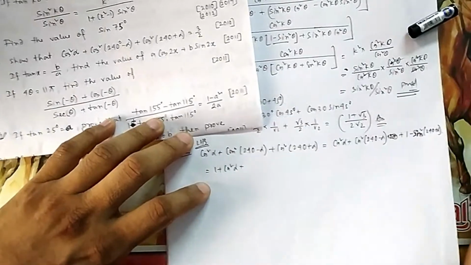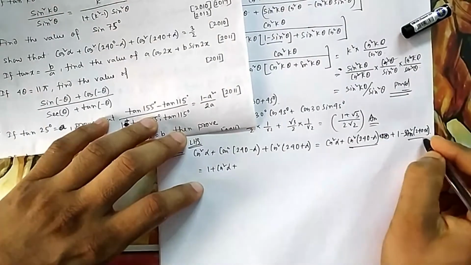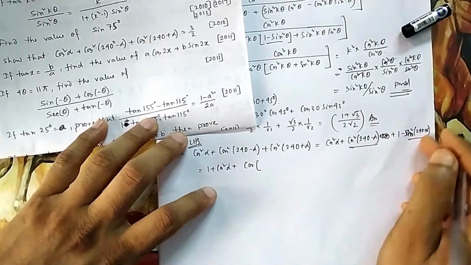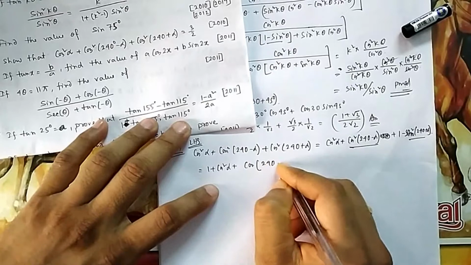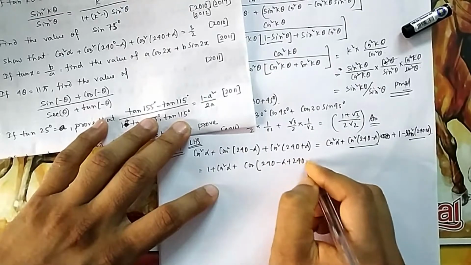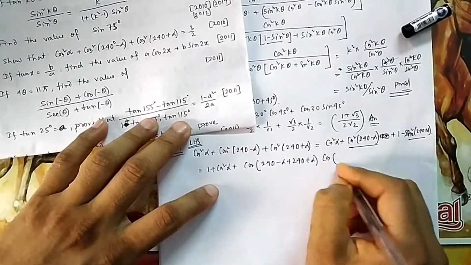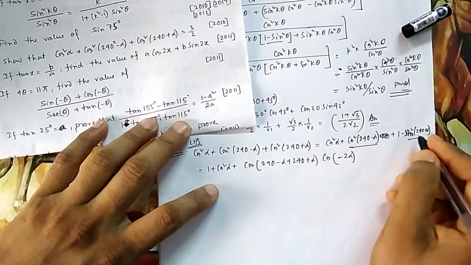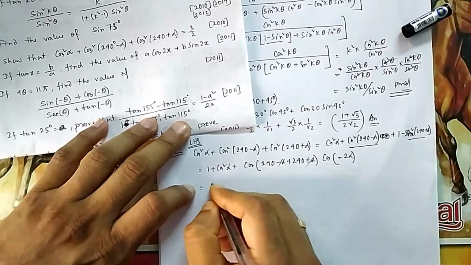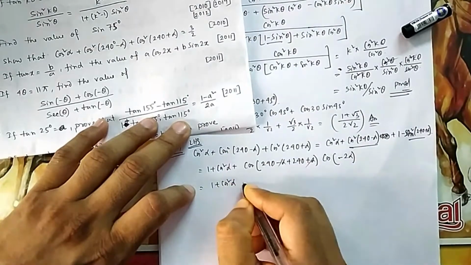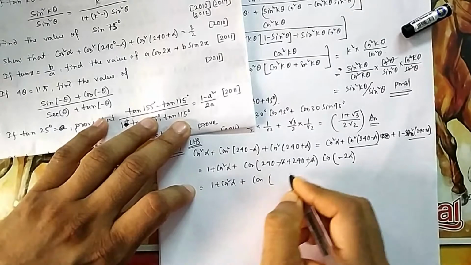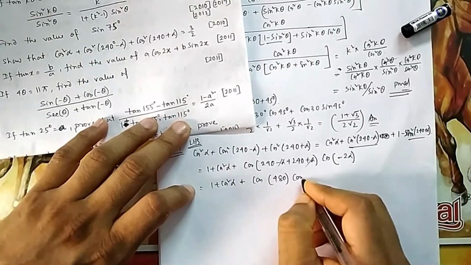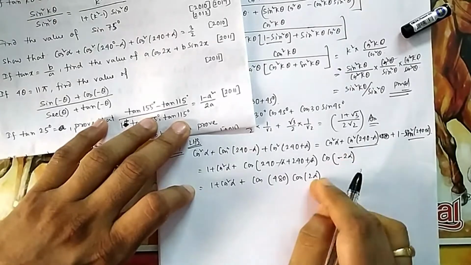And this is cos square a minus sin square b, you can think of these two. So it will be cos a plus b, this plus this, 240 plus alpha, and cos a minus b, this minus this. So this minus this is minus 2 alpha. I am not writing it, 240 gets cancelled. So it will be 1 plus cos square alpha and then it is cos 480 and this minus cos can digest minus, that we know.